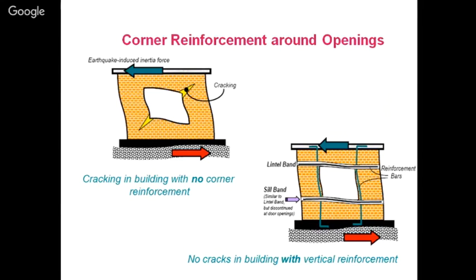If you draw a free body diagram of this window only, you will find that this part where the cracking is shown is having tension. Fibers are opening up here. That is why they are in tension, and that is why there is a cracking.